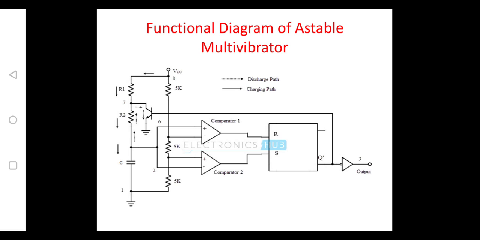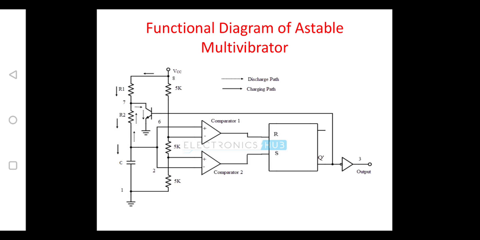Again comparator 2 will be 0 and S will be equivalent to 1, so the output is equivalent to 1. Now let me assume that the capacitor voltage is greater than 1 by 3 VCC, that is, it is in between 1 by 3 VCC and 2 by 3 VCC.